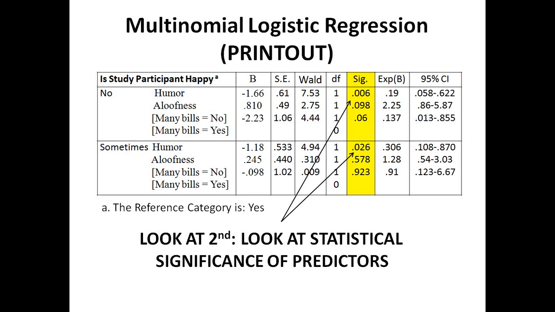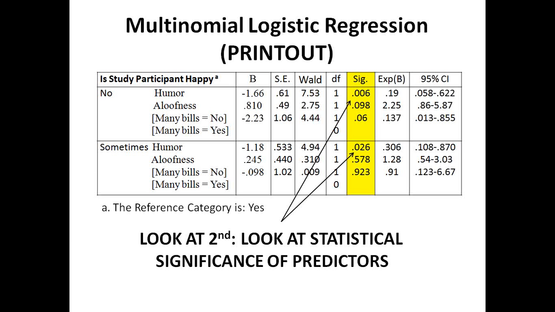So that's a little more simple if I actually point it out. So you can see here in the no, the top one's no, the significance level is 0.006. So that's the statistically significant finding in this box. And it's for humor. And when you look at the beta for humor, the B, there's a negative 1.66.